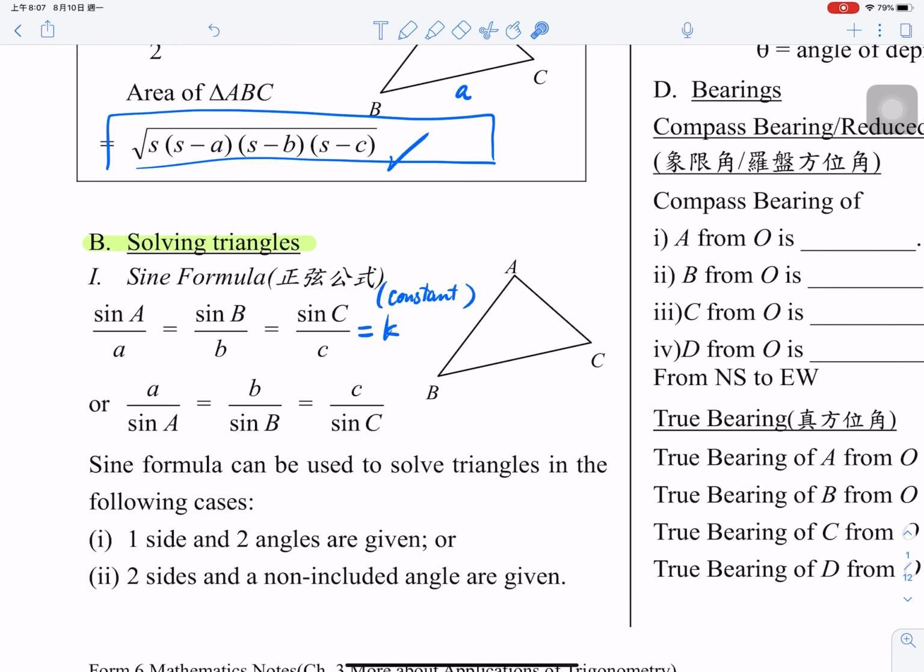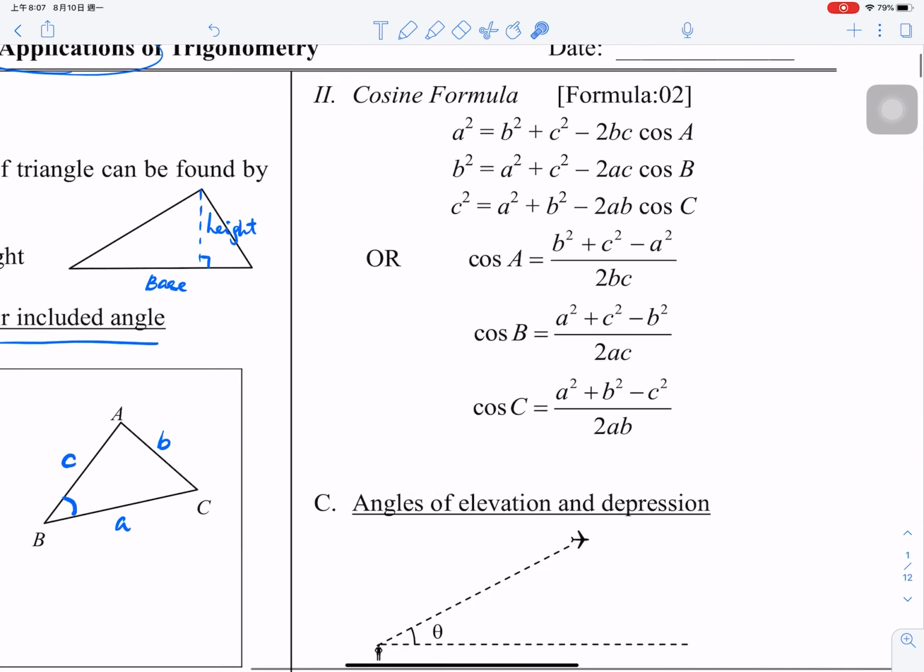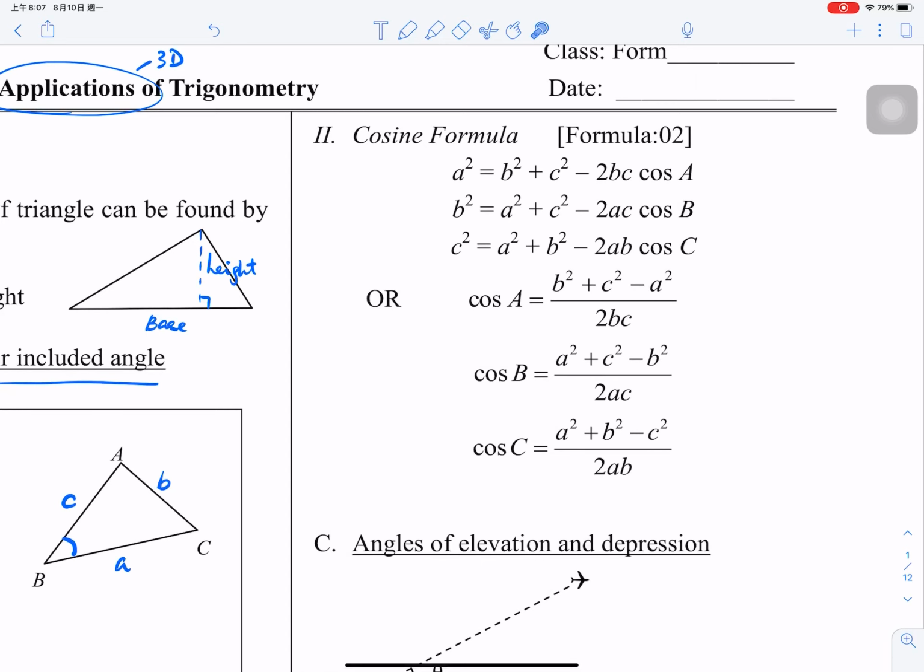Okay? The other formula, do you remember? Yeah, the cosine formula. a squared equals b squared plus c squared minus 2bc cosine A. It's not difficult to memorize.